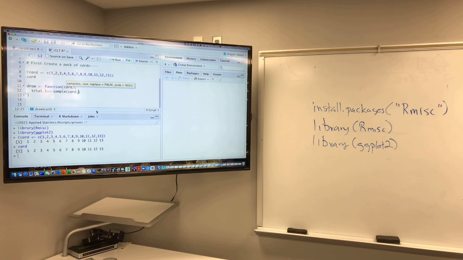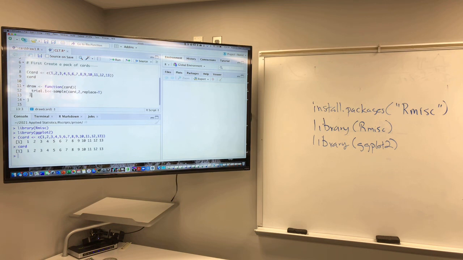And we're going to ask it to sample two items from card. And then we're going to replace those things in card. And in this case, the replacement doesn't matter. It would if you were doing an iterative thing. We're going to force the iteration by just doing some sloppy coding, actually. Now, this does one trial. So if we ran this, it would just give us one sample of 2 cards. And that's fine.